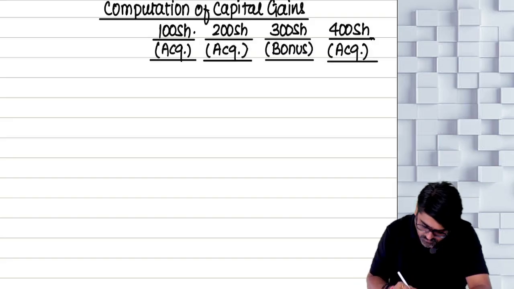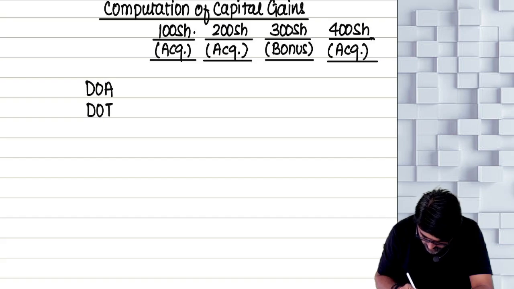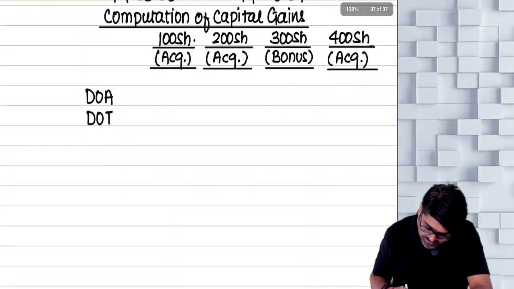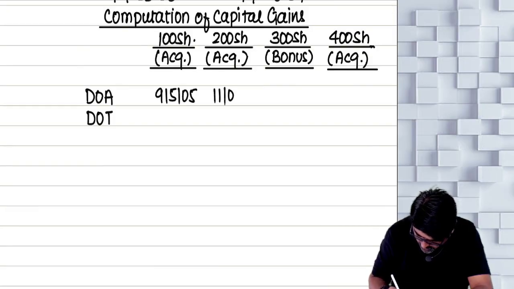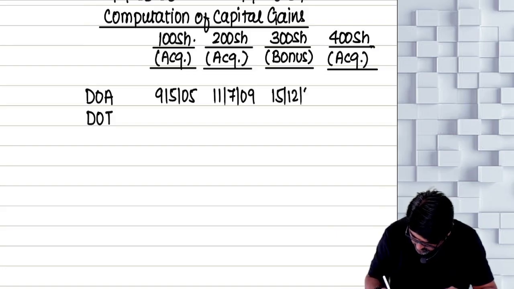Okay. So 100 shares. Date of acquisition and date of transfer. What about 100 shares? Date of acquisition, tell me first. 9/5/2005. 11/7/2009. 15/12/2024.